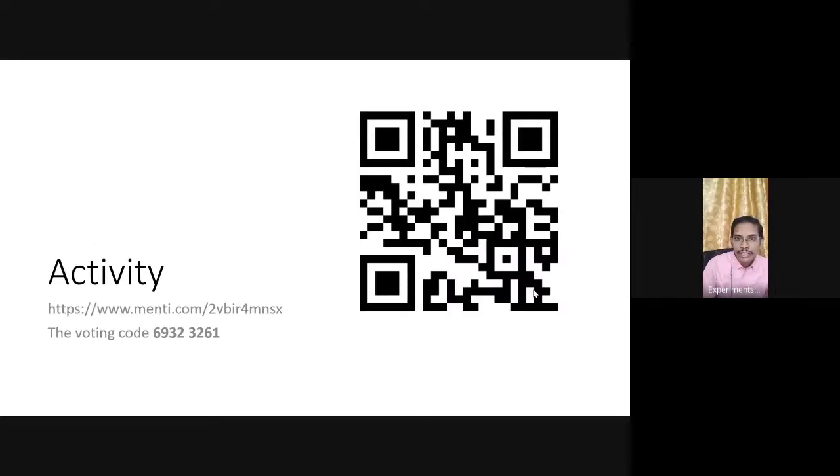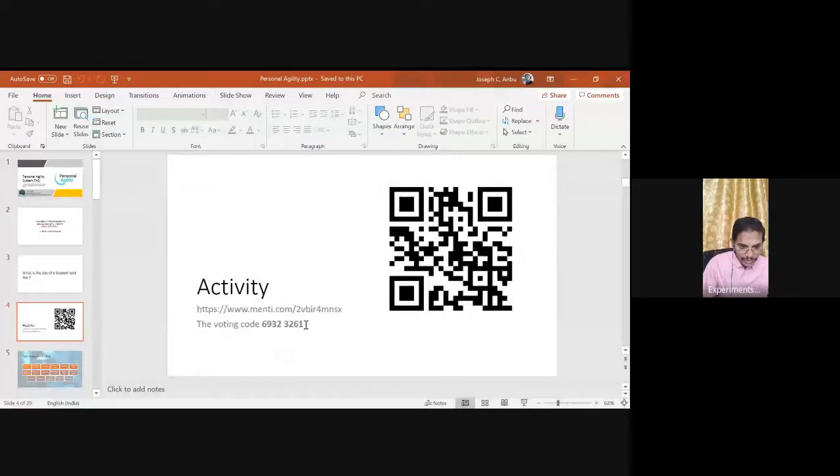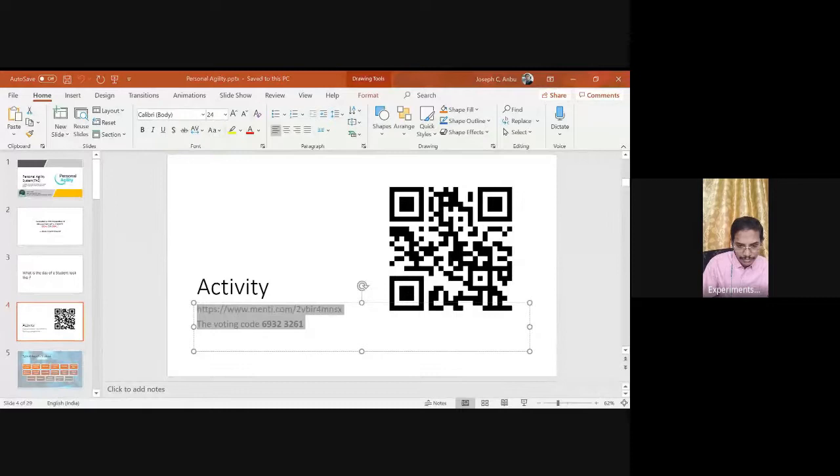If you can, use your mobile and scan this. Otherwise, let me share the link with you guys. I'm sharing it as part of the chat. So open the link which I've shared.